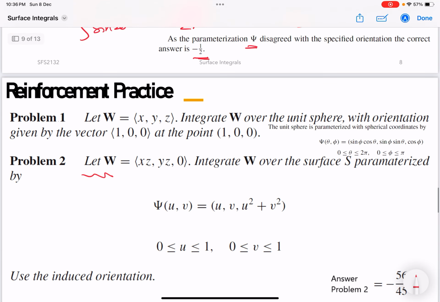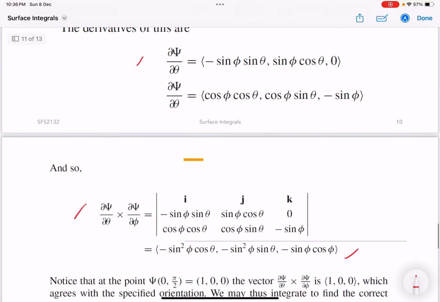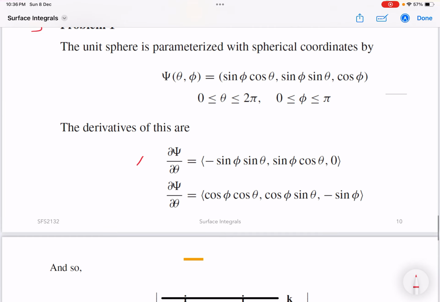So the vector is given at the point 1 0 0. You need to check first at the given point 1 0 0, so you need to substitute 1 0 0 into the parameterization.